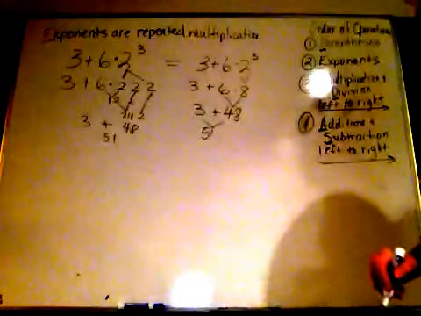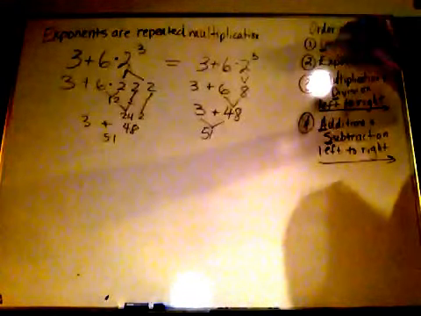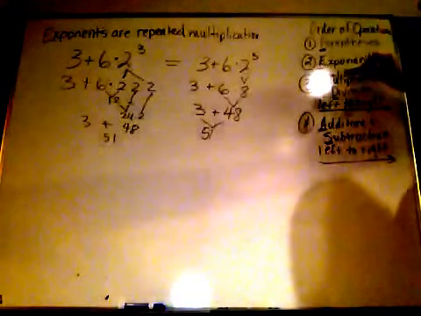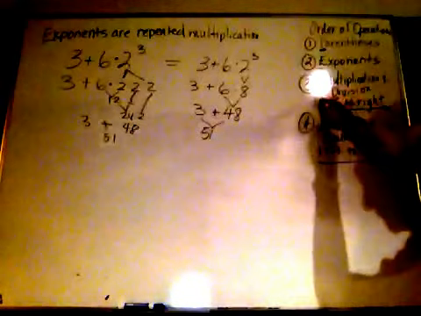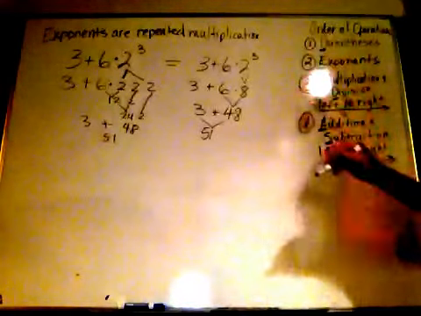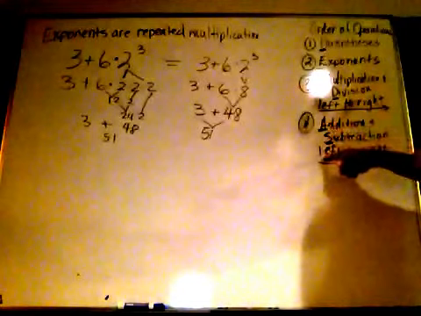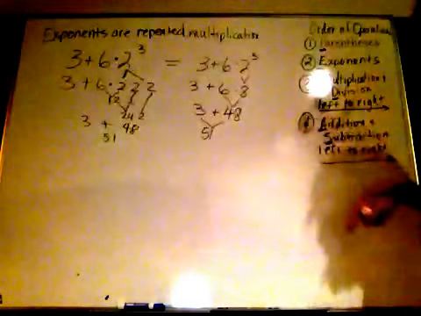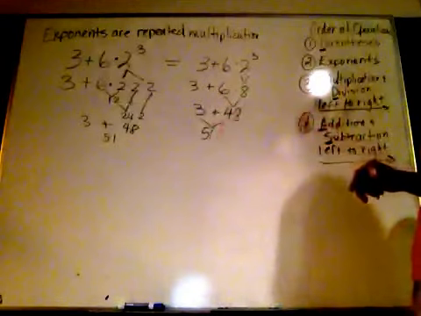And some of you may remember the little mnemonic device to remember that. P for please, E for excuse, M for my, D for dear, and my dear goes together. Okay, my dear, left to right, because you might do division before multiplication, and then Aunt Sally. And again, left to right, subtraction might come before addition. It's just those two things, all left to right.